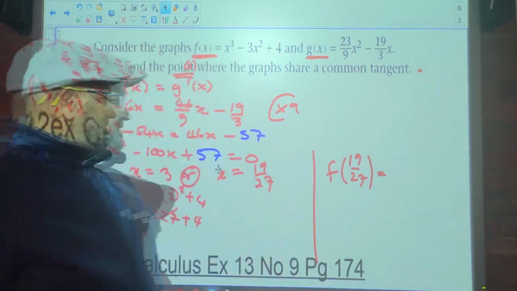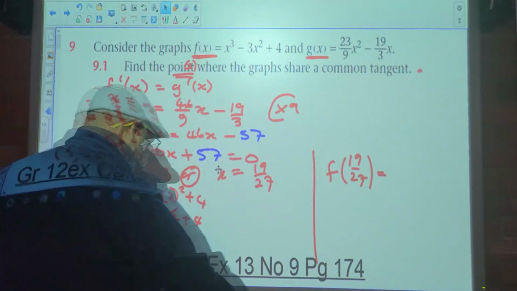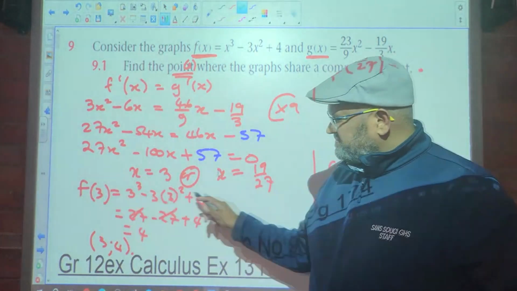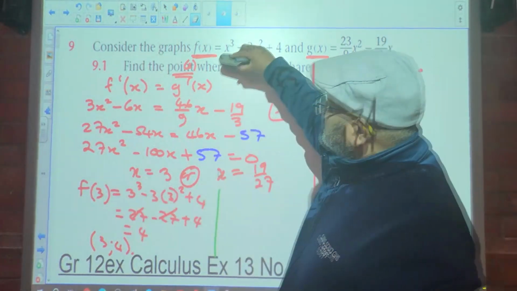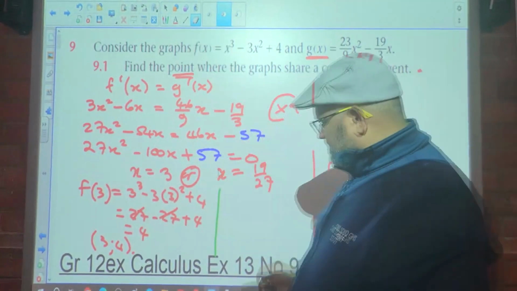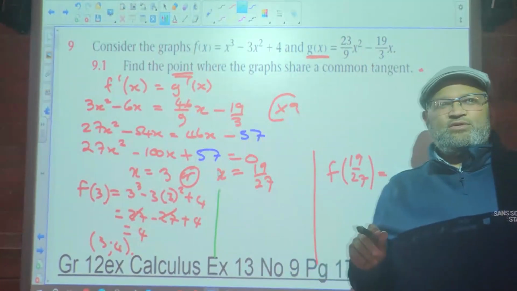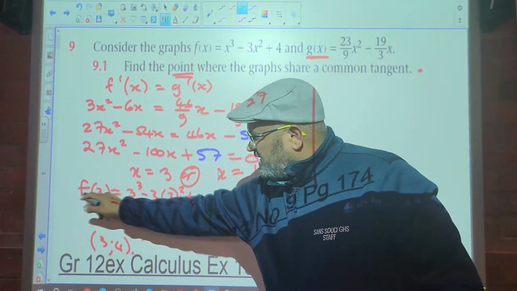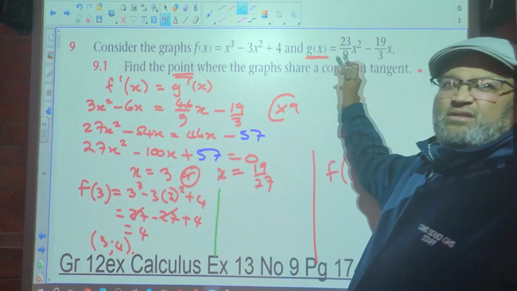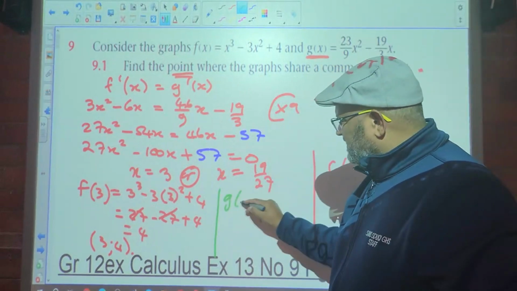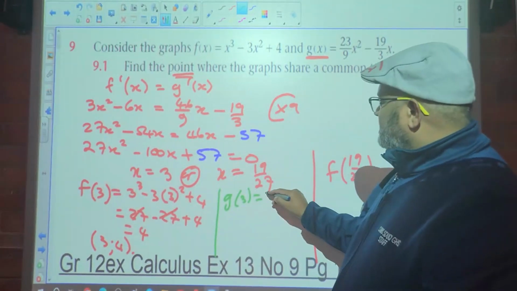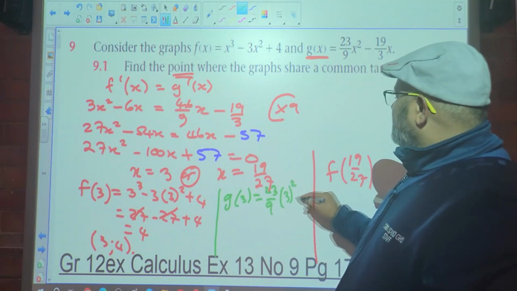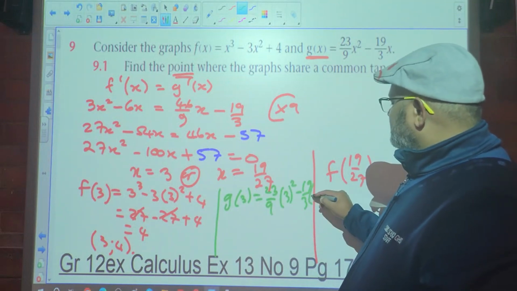Okay, I see. They have learned something now. Alright, so what they did was, this is 100% correct in what they're saying here. The point is only 1 point. So what they did was they substituted 3 into g of x. So let's go with that. g of 3 is equal to 23 over 9 into 3 squared minus 19 over 3 times 3.